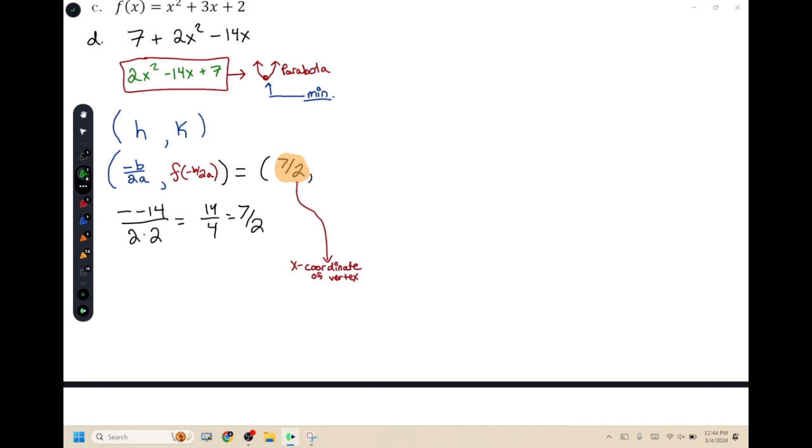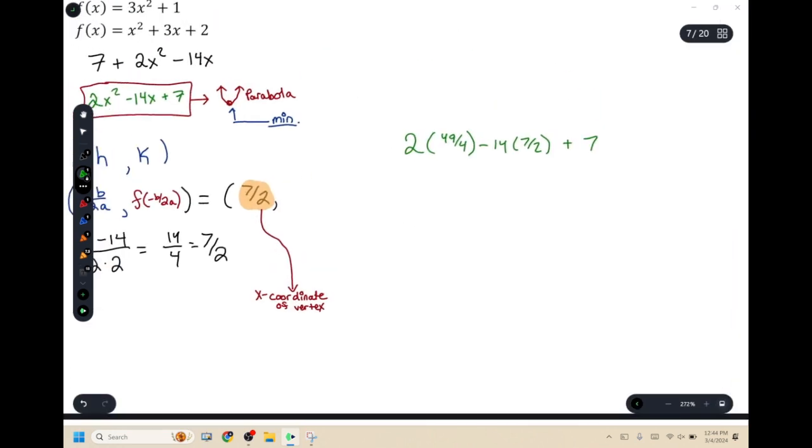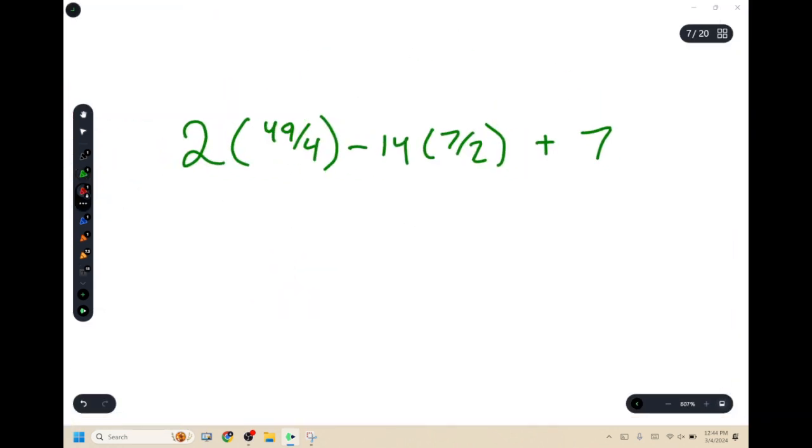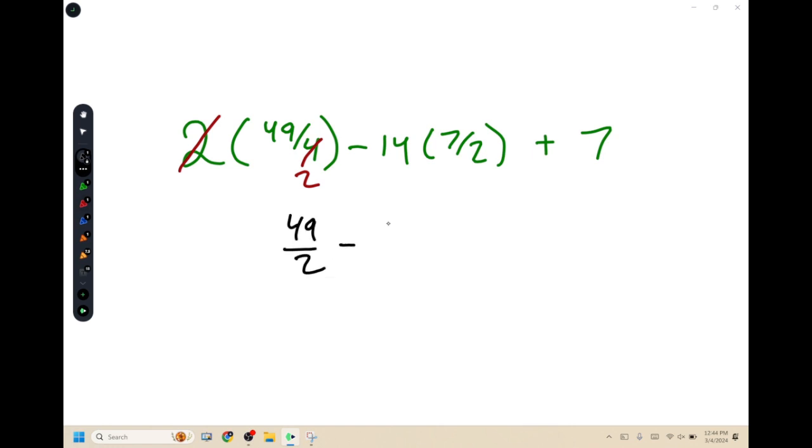Anybody get the y coordinate? 2 times 49 over 4 minus 14 times 7 over 2 plus 7. So 2 times 49 over 2 is 49, minus 7 times 14. What's 7 times 14?